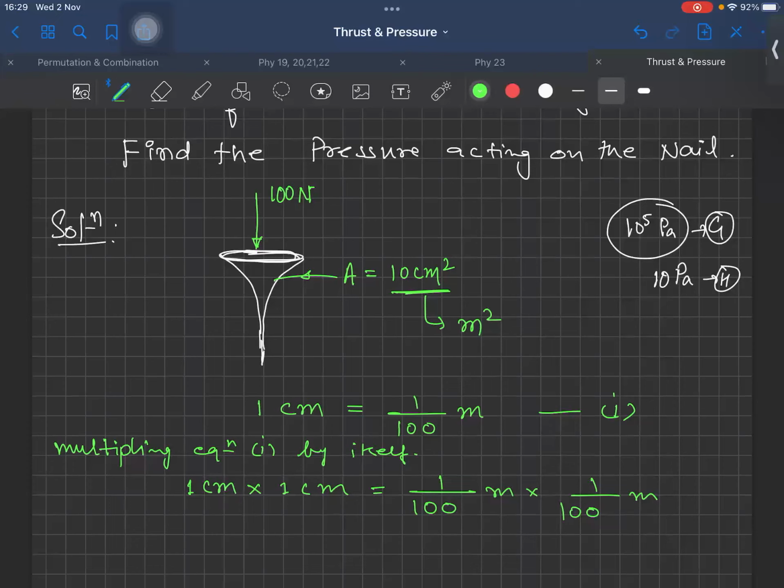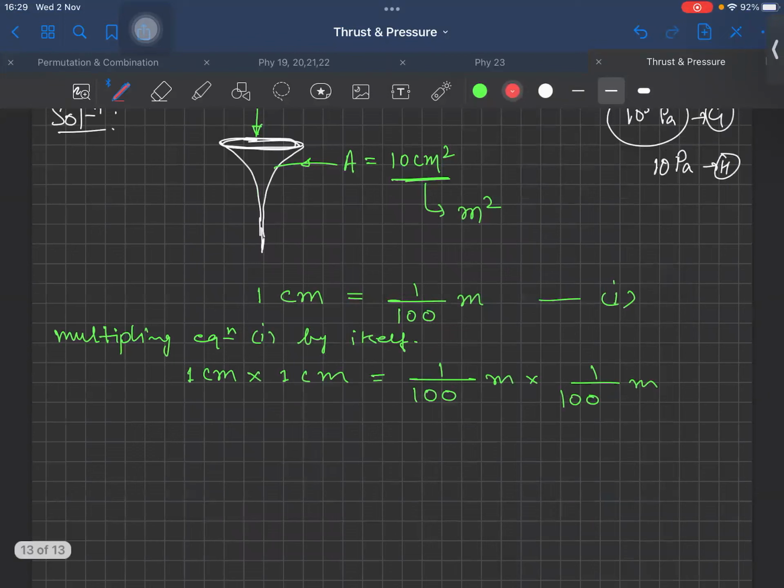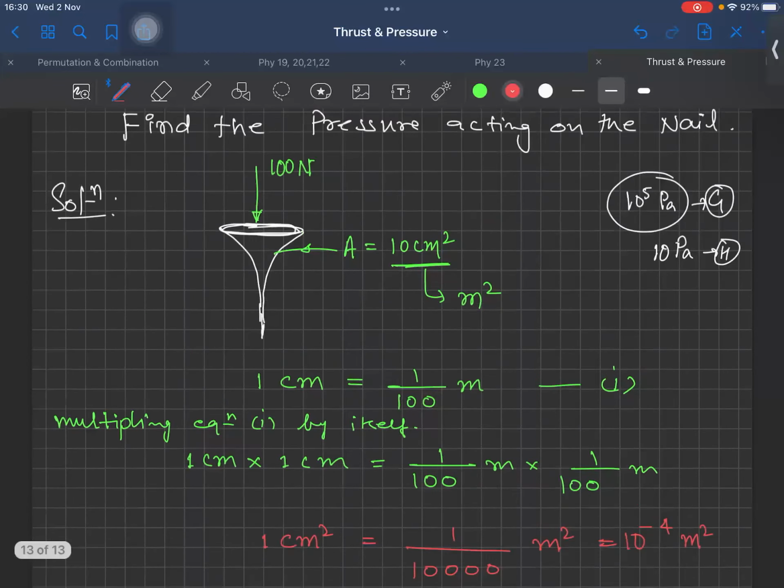If you already know how to do conversion, that is absolutely brilliant. But for those who are having problem, I'm doing it for them. So 1 centimeter square will be equal to 1 upon 10 to the power of 4, or 10,000 meters square. Now is this clear? So 1 centimeter square can also be written as 10 to the power of -4 meter square, right? Now how much was the area?